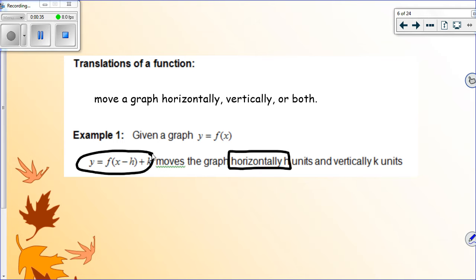Okay, so our horizontal translation is right here, and vertically k units. So our vertical translation then is right here. All right, so there's our equation for translating a function both horizontally and vertically.